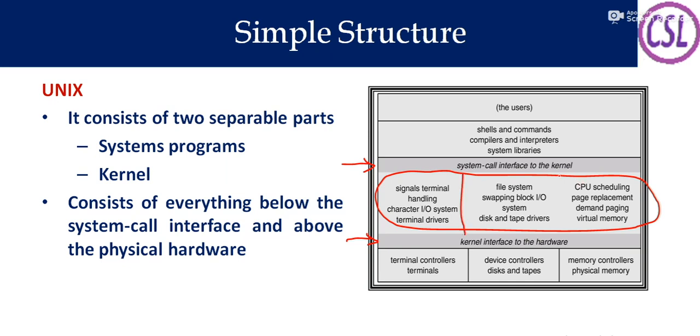When compared to the DOS operating system, here some kind of module division is there, but not exactly. Even one block consists of all the signals, terminal related functionalities, character I/O systems and terminal drivers. So different functionalities are bundled together and made into blocks.